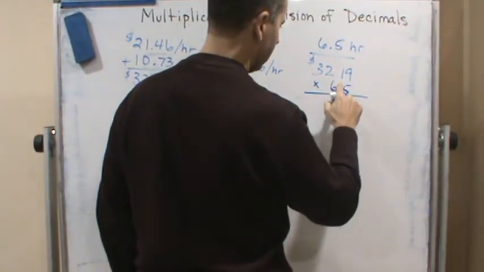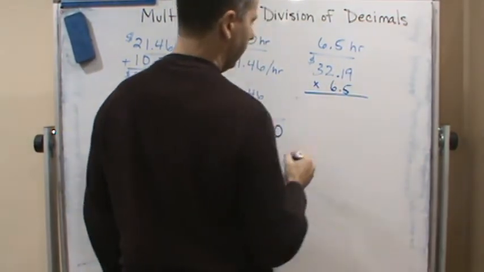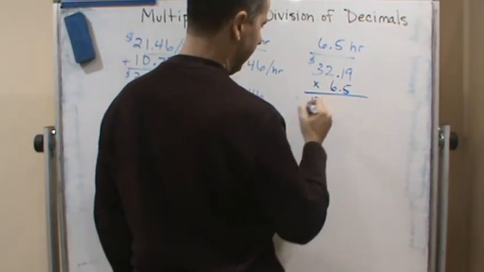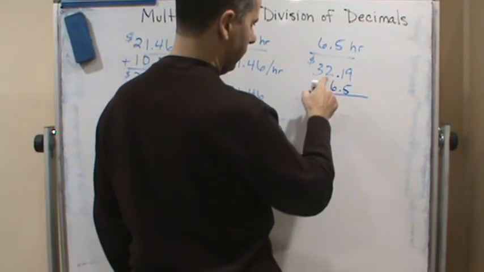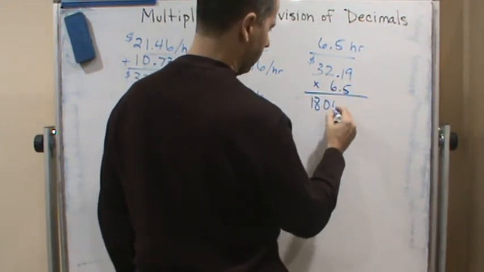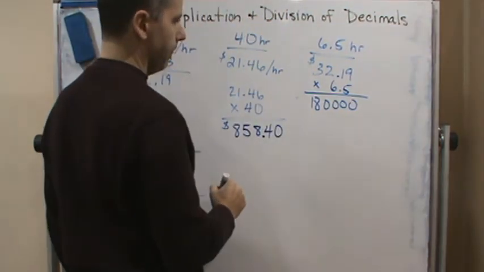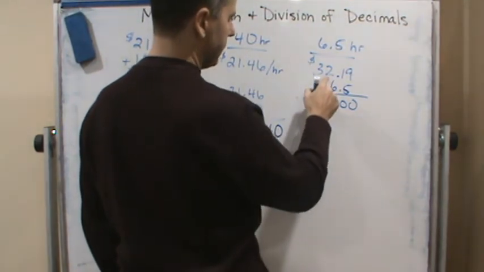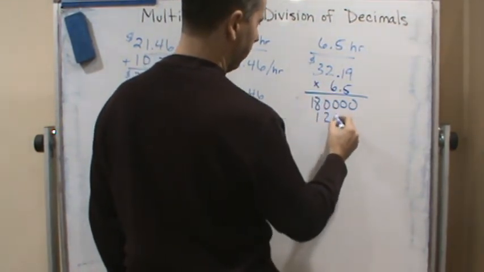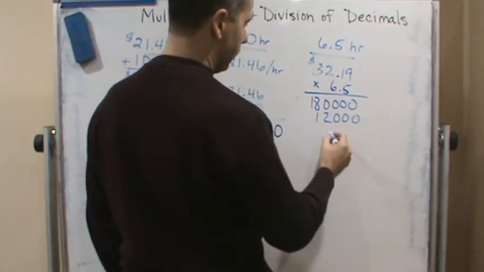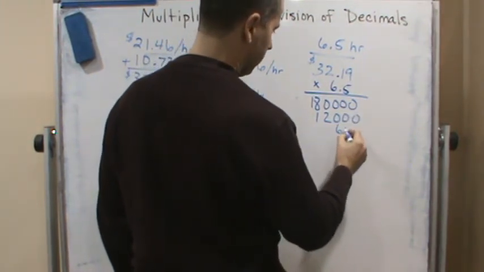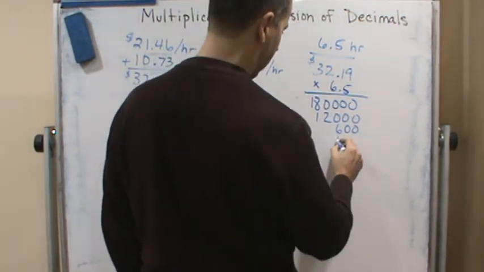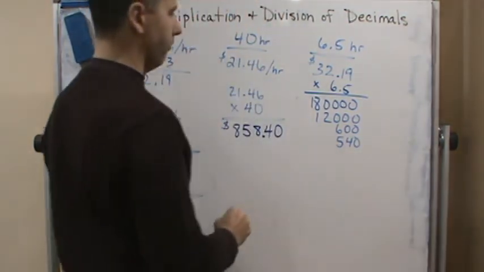Okay, so this is 6 times 3 is 18 with 4 zeros. Then 6 times 2 is 12 with 3 zeros. And then 6 times 1 is 6 with 2 zeros. And then 6 times 9 is 54 with 1 zero.